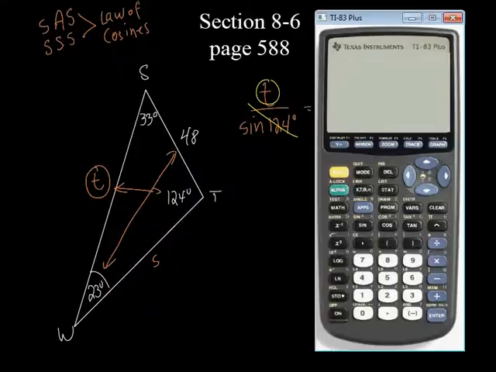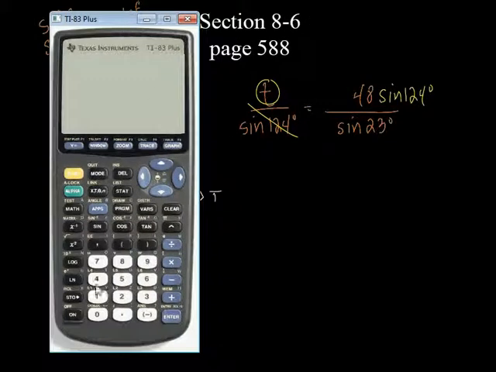So now let's stick it in the calculator. Now again, it depends what calculator you're using. If you're using the 30XA, we'll talk about it. But let's do this calculator first. So what is it? It's 48 sine of 124, okay, divided by sine of 23, right? Now if you had that TI-30XA, you wouldn't hit just 48 then a sine.